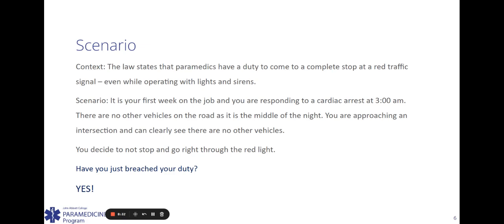We have to be careful here because the situation would be very different if you went through a red light and ended up hitting somebody with the ambulance, potentially a pedestrian crossing the road at 3 a.m. You didn't see them, it was poorly lit, and you ended up causing either severe injuries or even death. You could be found at least guilty of breaching your duty to drive and follow the traffic laws.